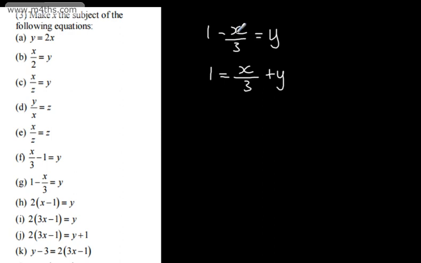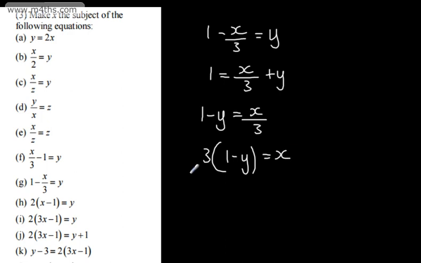I've got 1 minus x over 3 is equal to y. Therefore, adding the x over 3 to both sides of the equation, I now have this scenario. At this stage, I can subtract y from both sides, and that now leaves me on the right-hand side a positive term in x. I simply need to multiply both sides of the equation by now the 3, and that will give me that x is equal to 3 lots of 1 minus y.